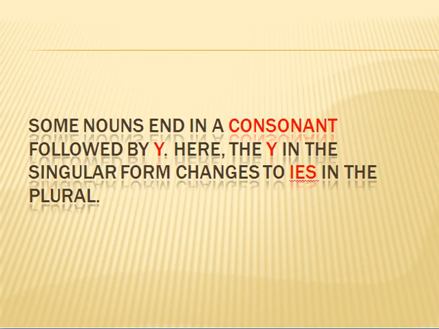Then some nouns end in a consonant followed by y. Here the y in the singular form changes to ies in the plural. So to make it plural we have to change that y into ies.